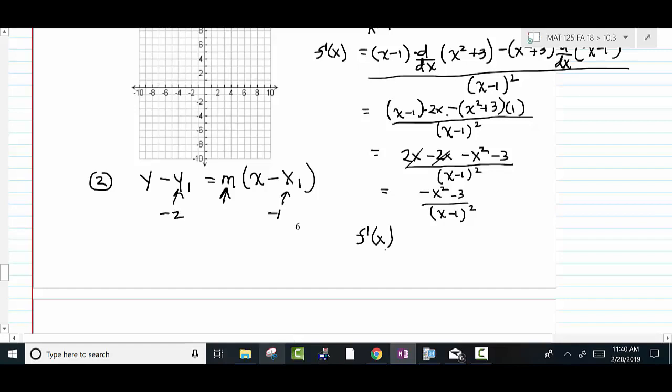So you put the x value in, and you press the derivative, and then you put your 6.